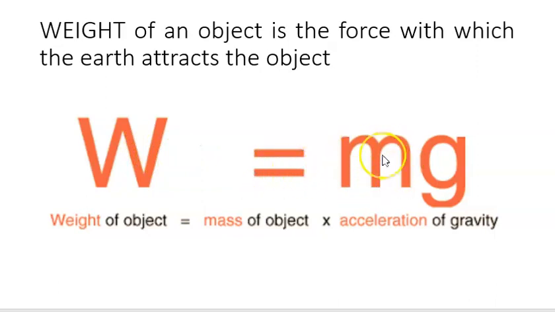The mass doesn't change, but the weight changes. Why? Because weight depends on the value of g. So wherever the value of g is lesser, there the weight will be lesser. And that is why, when we go on the moon, we are not able to walk. To know more, please watch the following video.